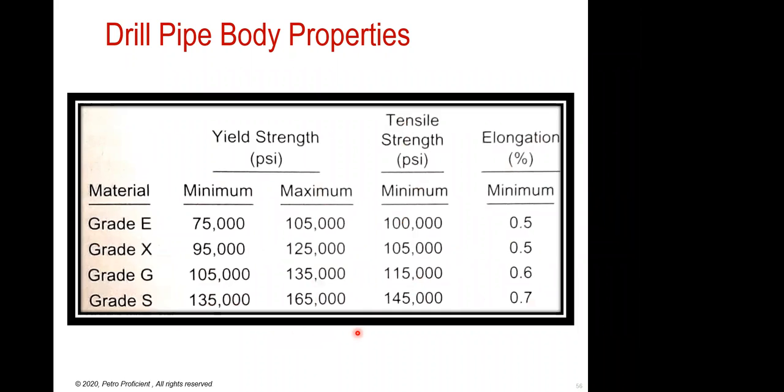But to give you a general idea, typically when you have a large, deeper well with more weight on the drill pipe, as you go deeper, the drill pipe needs to suspend a bigger pipe underneath it. So the grade has to be higher in order to prevent any yield stress and failure.